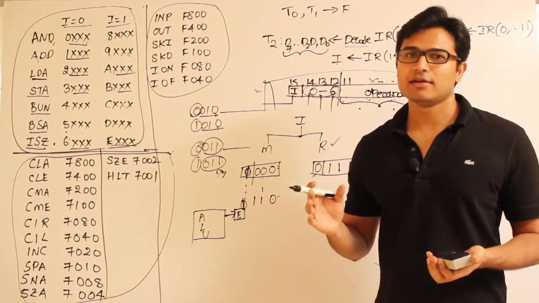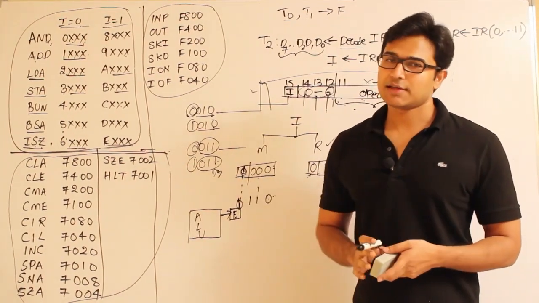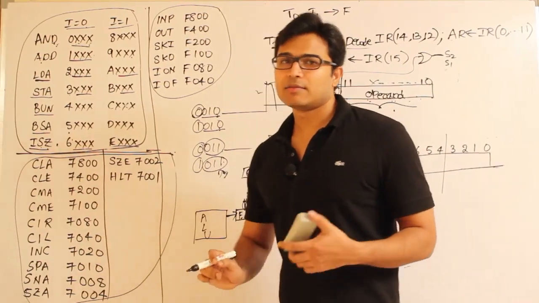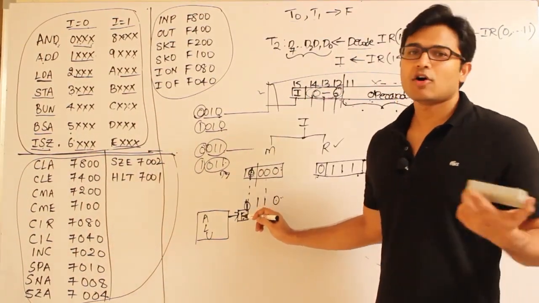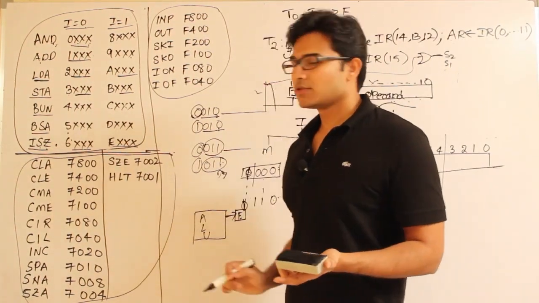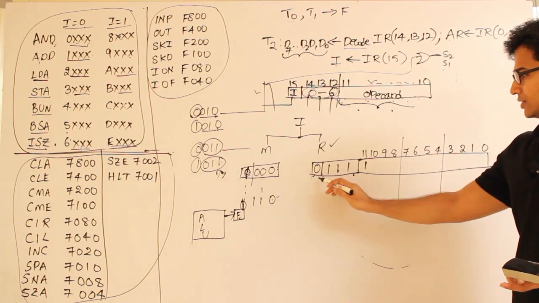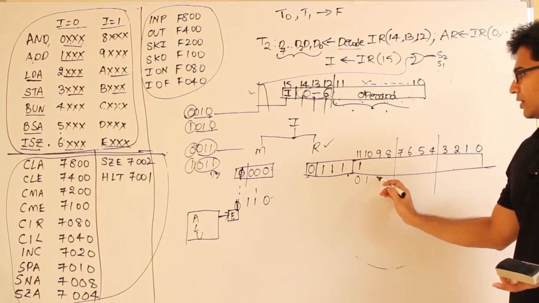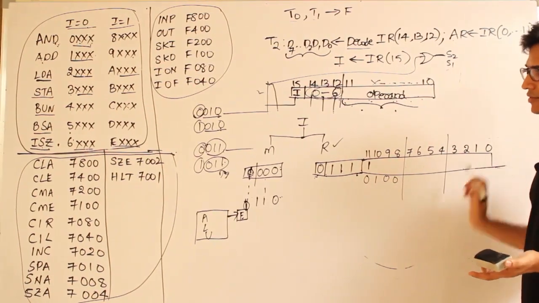Generally it is a carry, but in this case let's call it the extra bit E. So when I say CLE, it is nothing but clear this extra bit E, or in normal sense, clear the carry. For this 7400 is used. 7 means this one, 4 means this one is 0 and this one is 1 and all others are zeros.